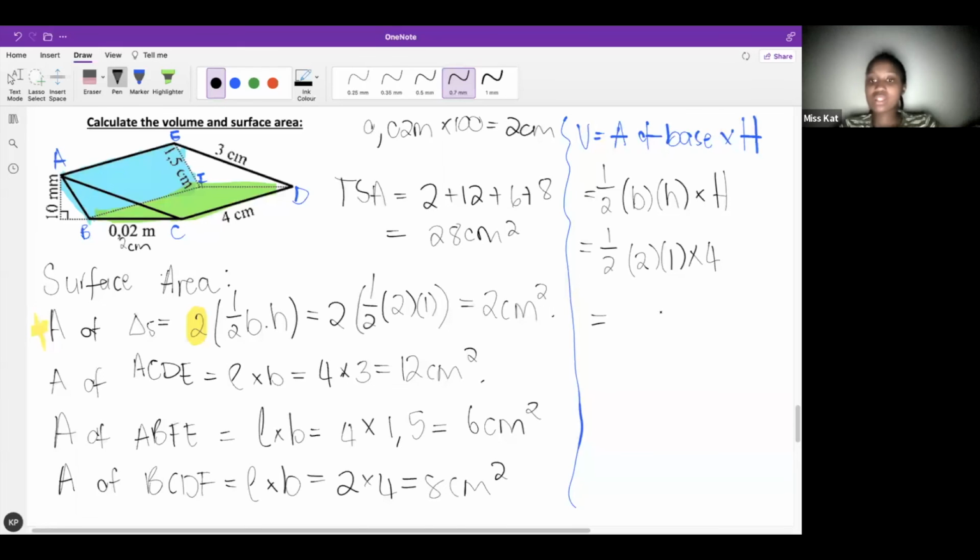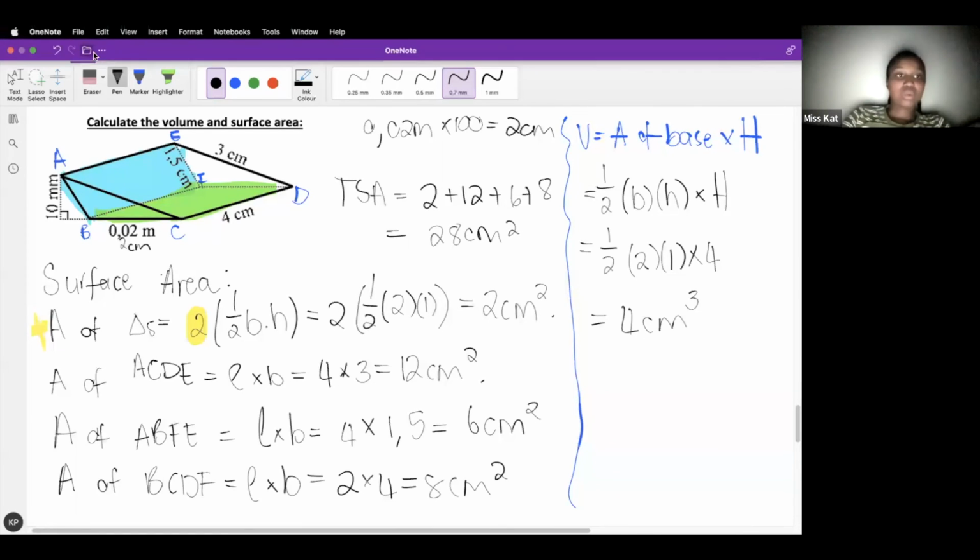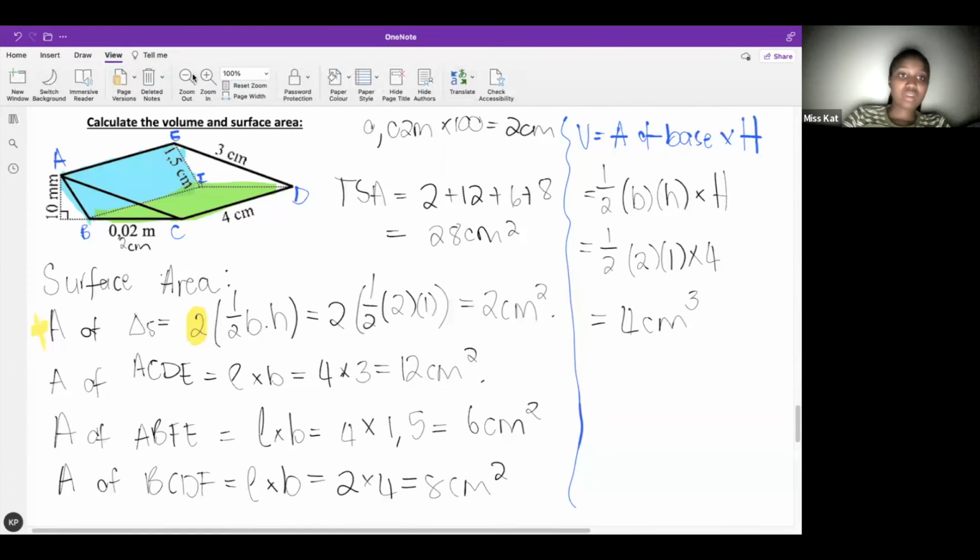So then the answer will be a half of that: 1 times 1 times 4. 4 centimeters. Centimeter what? For that volume. Cubed. That was a beautiful one to end off in.